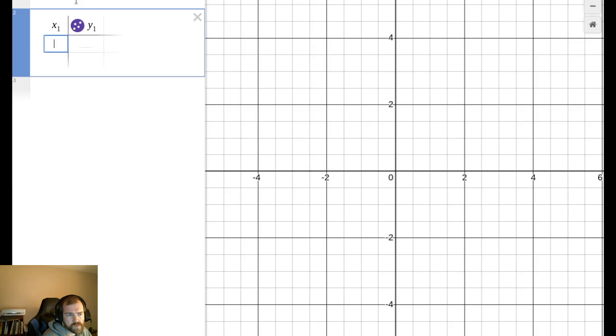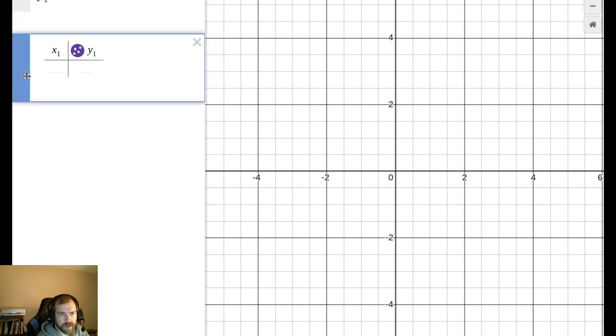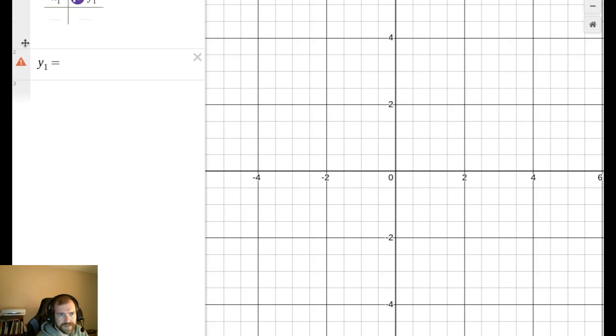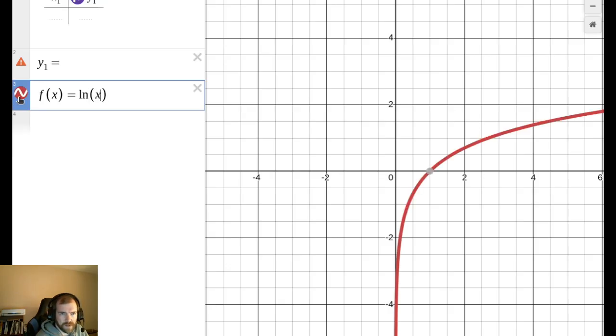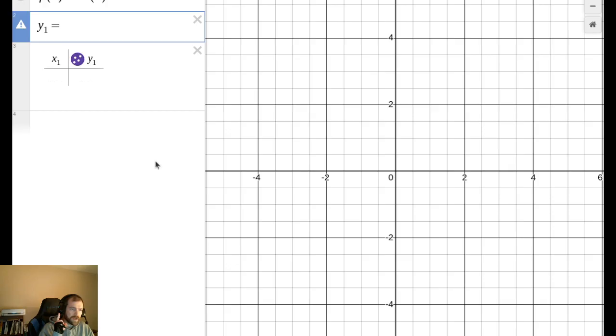Y1 is equal to, let's see. I want this, wait, hang on. I need to shift this down. Nope, okay. All right, whatever. F of x is natural log of x. Turn that off because we don't need it. Shift it up to the top. Y1 is going to be what we were doing there. So this is going to be the Taylor series, which is going to be the nth derivative.